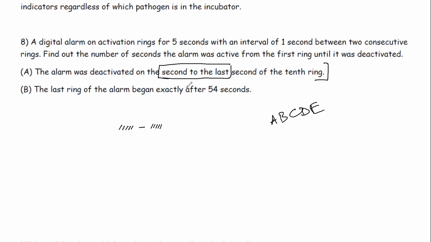Second to the last simply means second last, like someone standing second from the last in a queue. So basically what it means is, suppose the 10th ring rings for 5 seconds. The alarm was deactivated on this one.